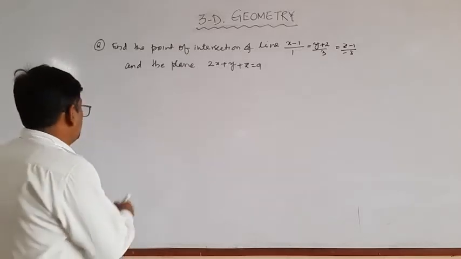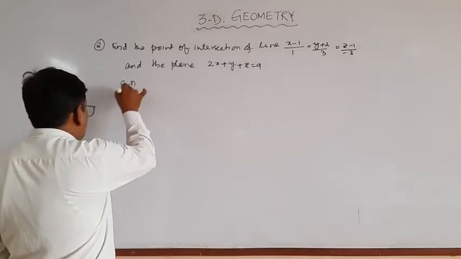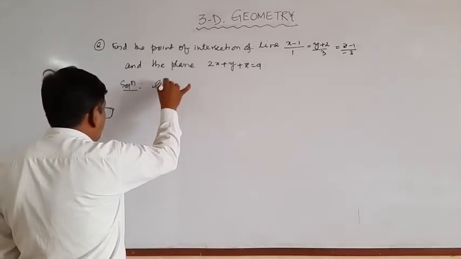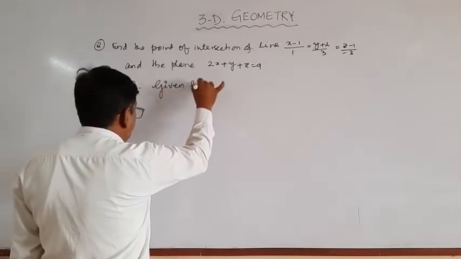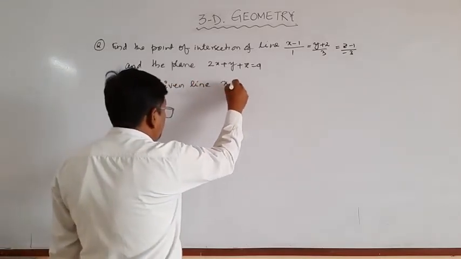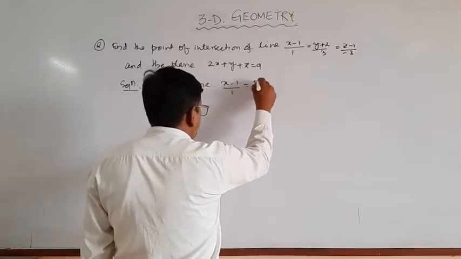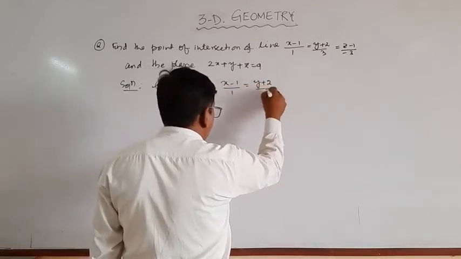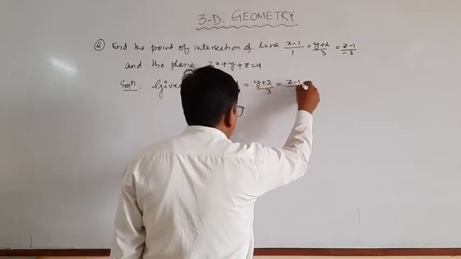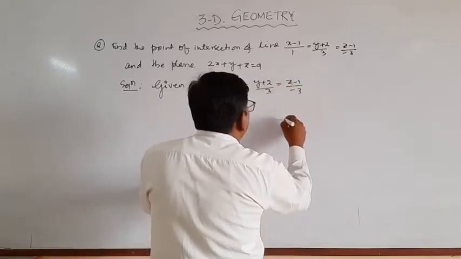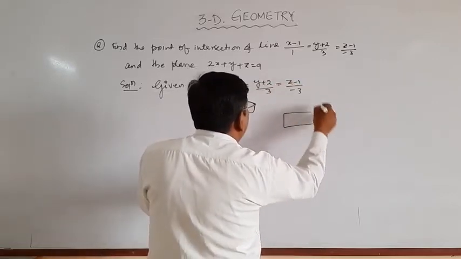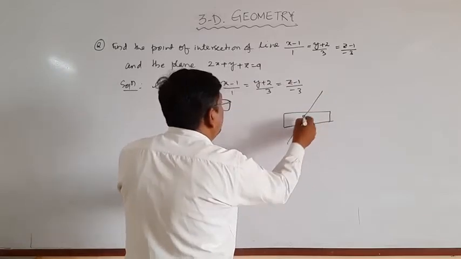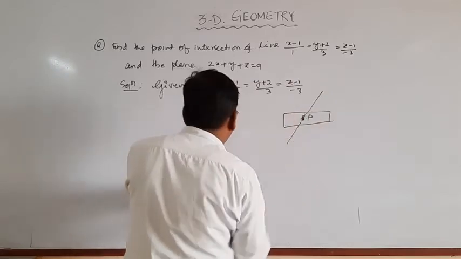So given line x minus 1 by 1, y plus 2 by 3, z minus 1 by minus 3, and this is the plane.